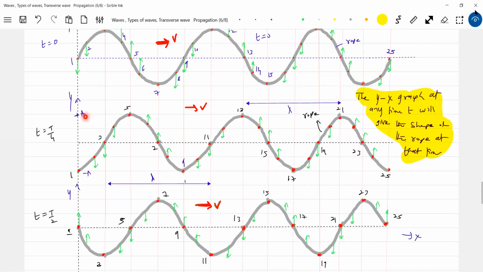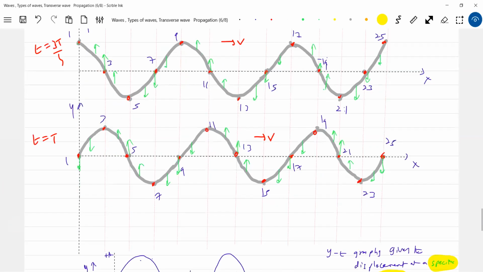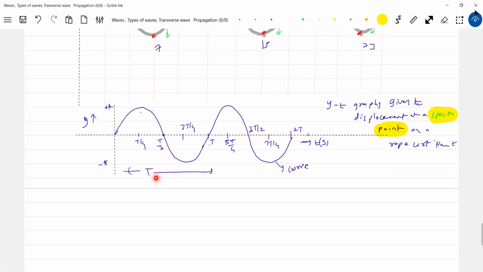You can find out the amplitude of a wave, the wavelength of a wave, and the speed of any point on a wave. So we'll get lambda, A, and also the speed of any point. In the y-t graph, we will get the time period and the amplitude.